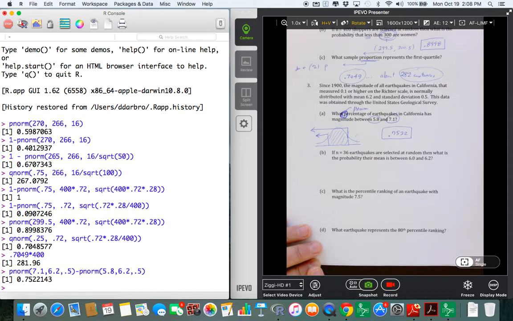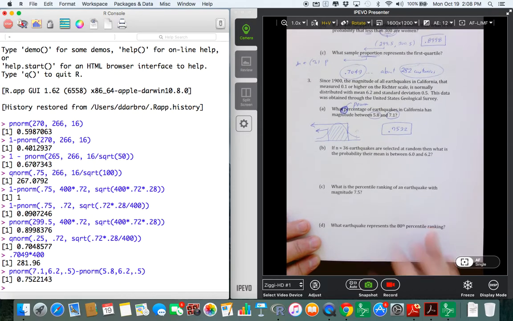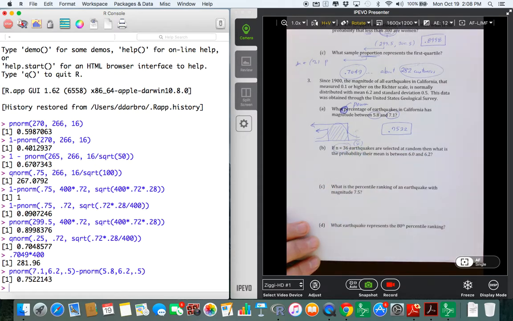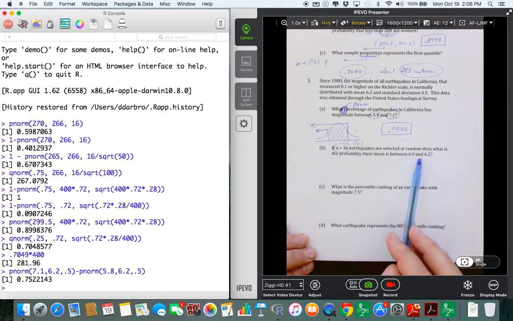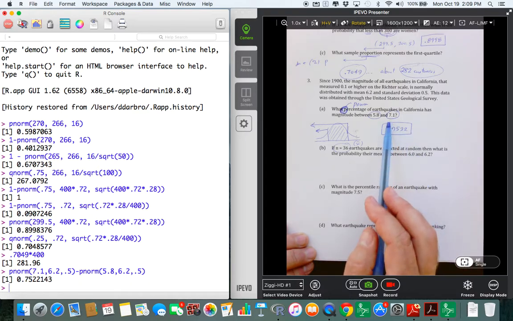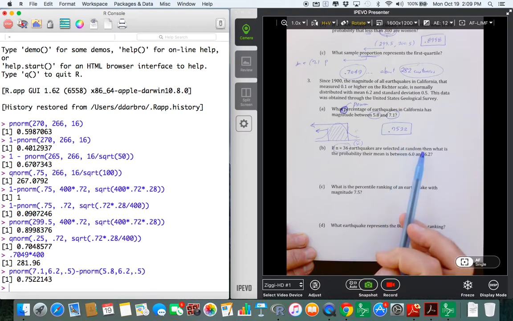All right. Now, next problem. I've got 36 earthquakes. So guys, I'm thinking about the mean again, so I've got to divide the standard deviation by the square root of the sample size. What is the probability their mean is between 6 and 6.2? Well, a lot of the same principles apply because we're looking at between.